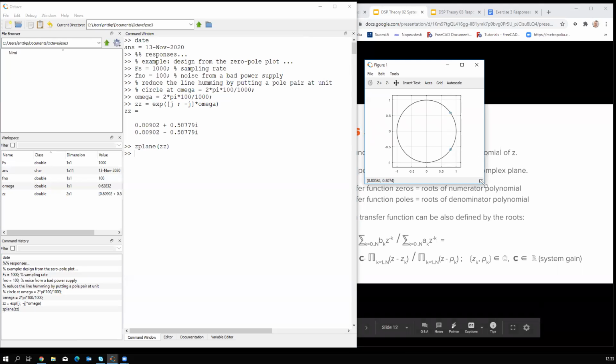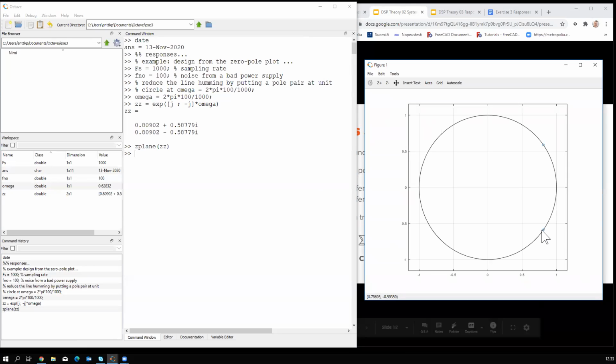So that's where this angle omega is for suppressing that 100 hertz line noise.